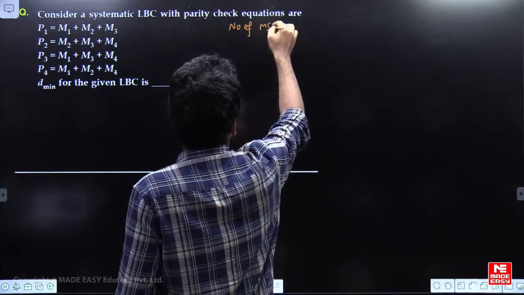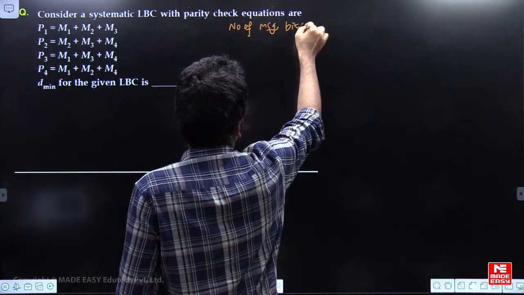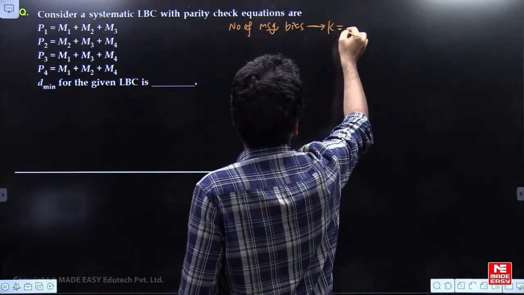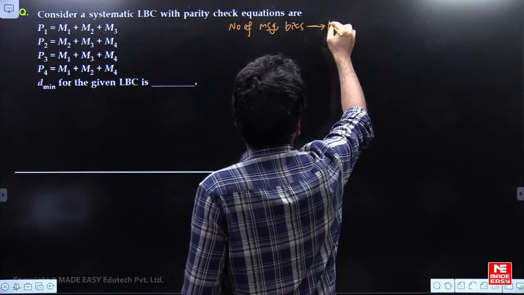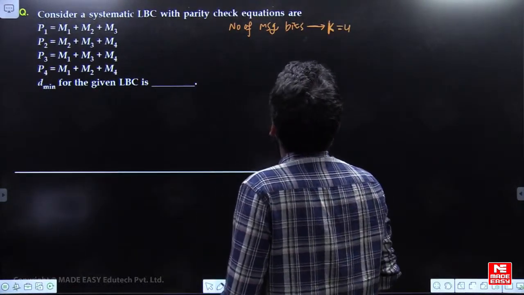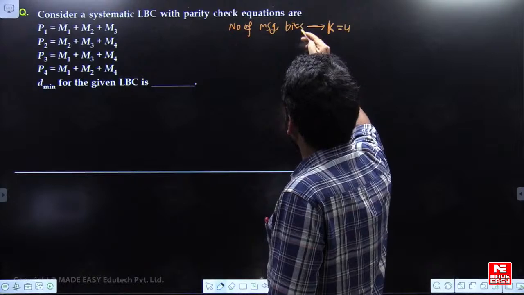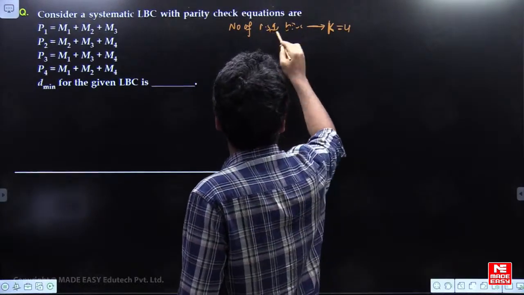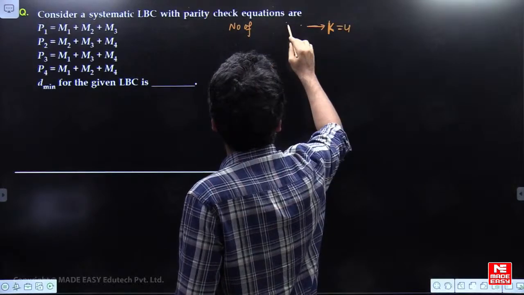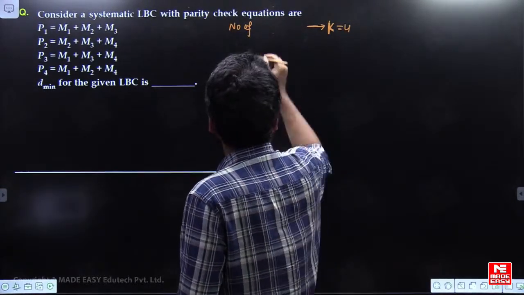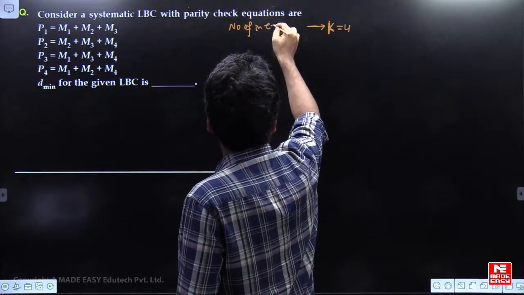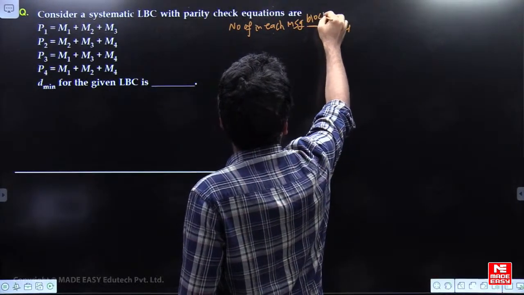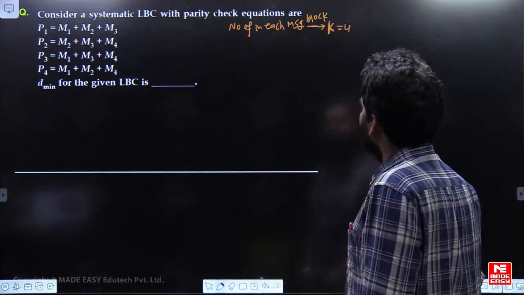Number of message bits, meaning each message block has how many bits? 4 bits. I can write it better like that: number of bits in each message block, k, that is 4.